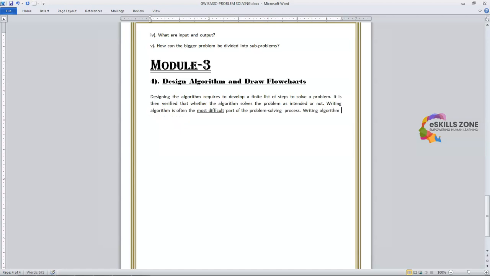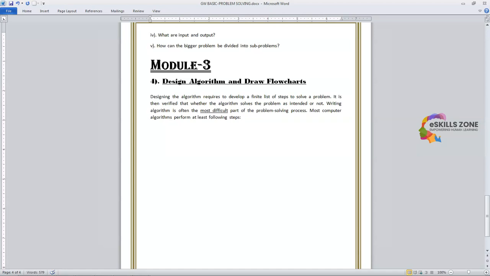We have discussed that writing the algorithm is the most difficult part of the problem solving process. Most computer programs, you can call them most computer algorithms, perform at least the following steps.